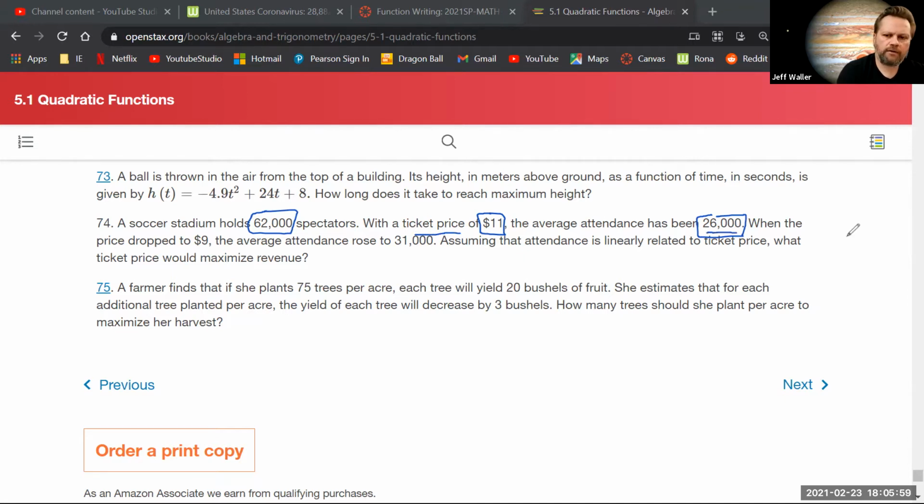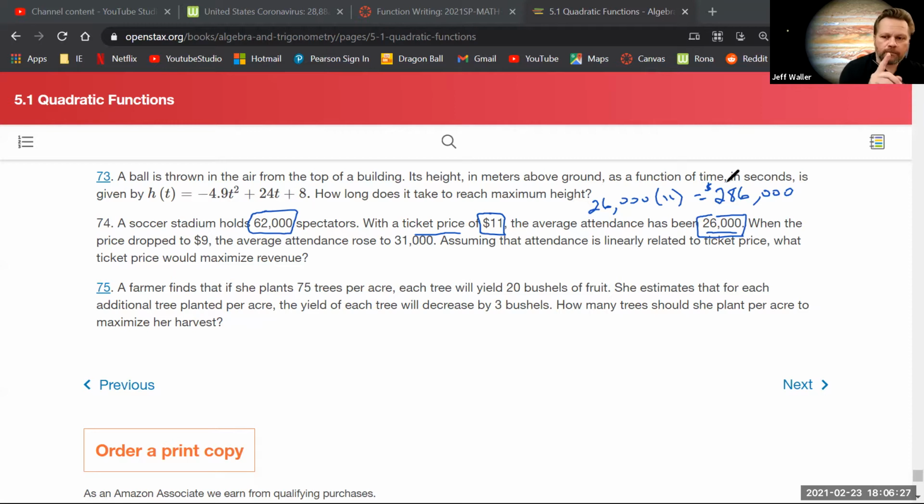How do you figure out the revenue? Just multiply. So what's 26,000 times 11? $286,000. Okay, cool.